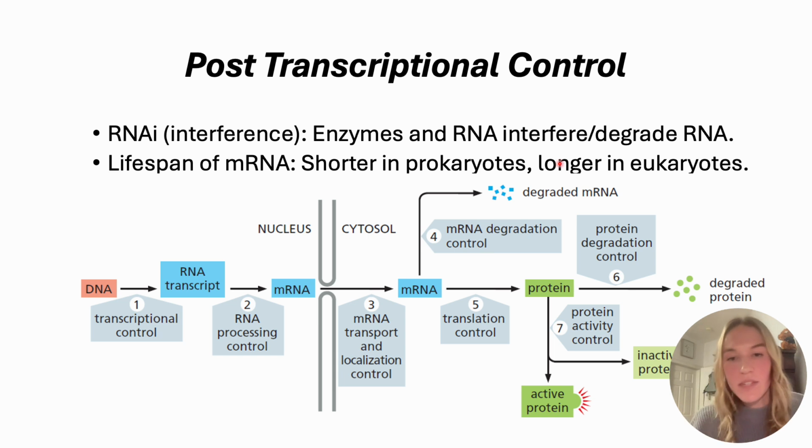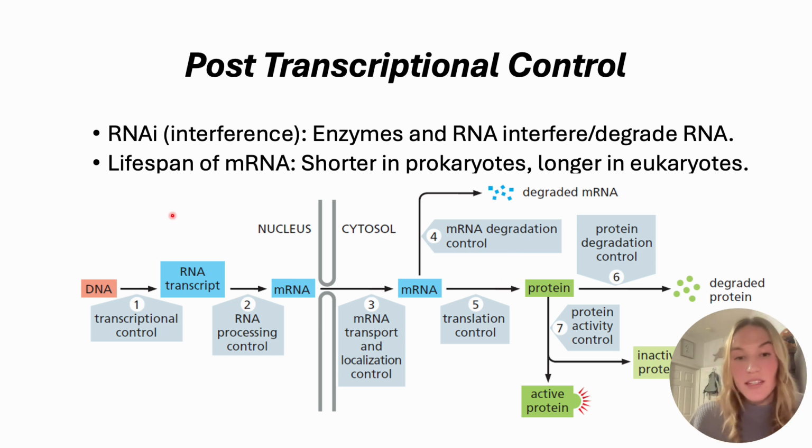There are enzymes in RNA that interfere that will trigger the degradation of that RNA. The mechanism, we'll look briefly at it on the next slide, but you are not responsible for it. But I want you to understand that just because we have the mRNA, even once it's matured, that does not necessarily mean it's going to become a protein. There are other ways to regulate this and prevent it from actually becoming a protein.